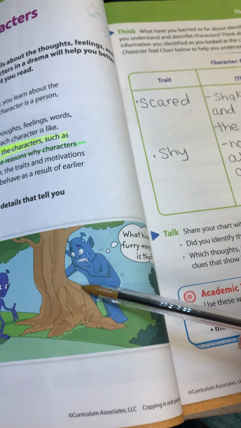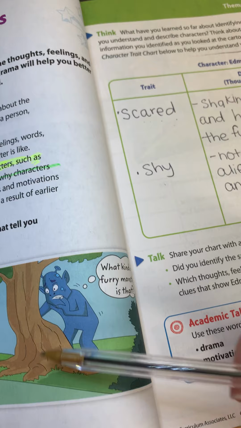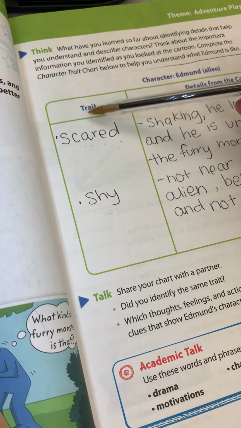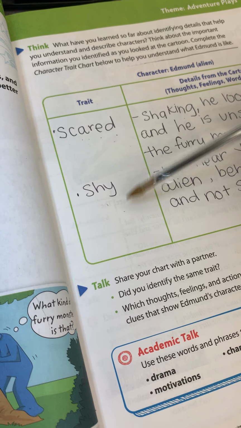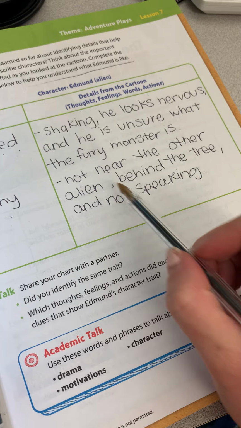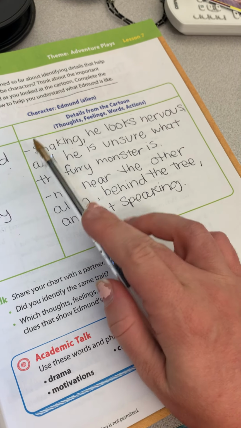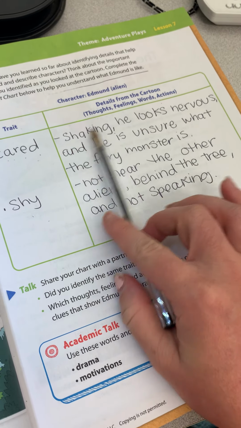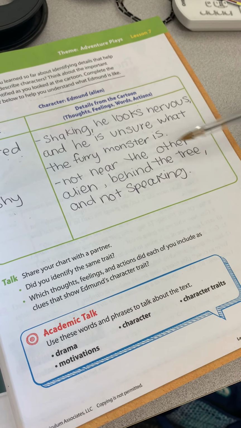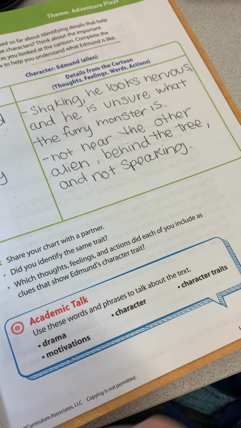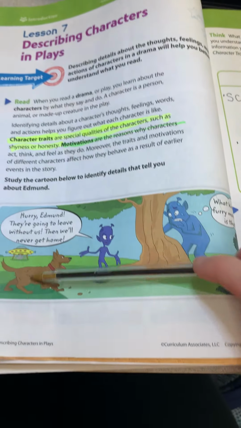So, is he really shy? I don't know, but that's what I'm perceiving from this picture. So I've listed two traits, that he's scared and that he's shy, and I've also listed why I think that. After breaking down your two traits, I can understand more of the picture.